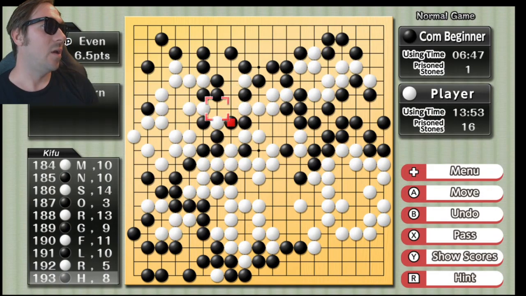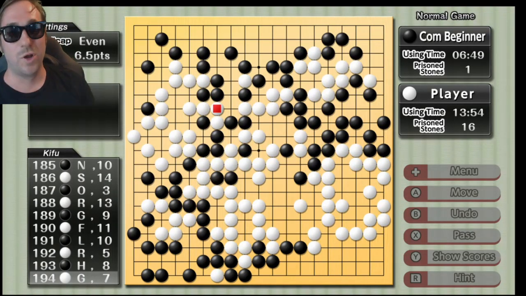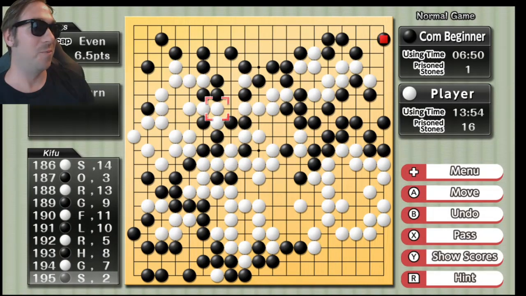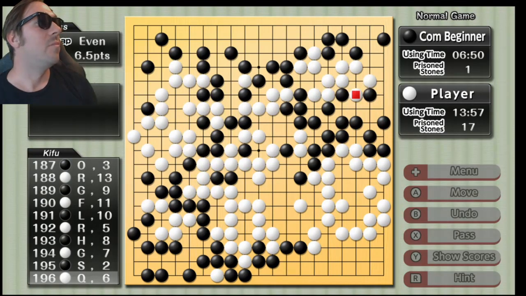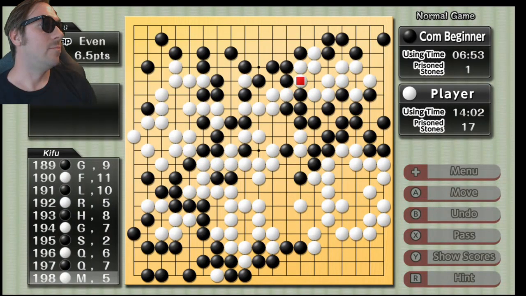You know, everything in all good time. I know we're doing damage repair and we're attacking at the same time here. And now he's got the cut. Two eyes? Two eyes, I think.